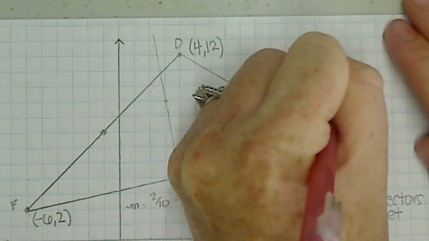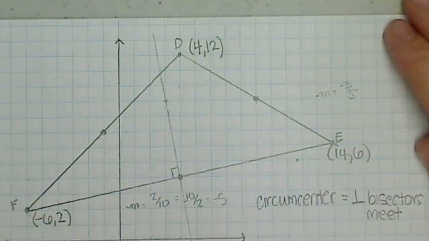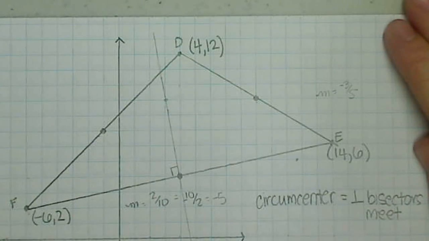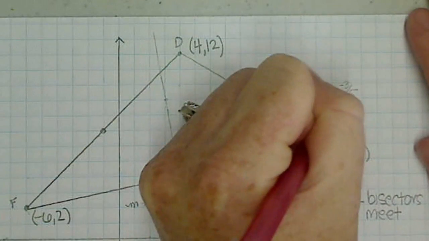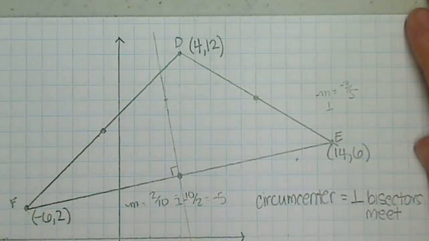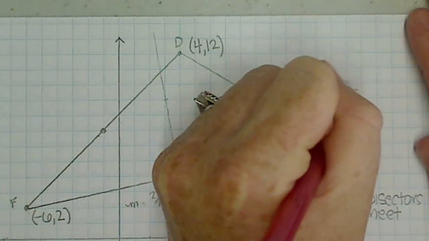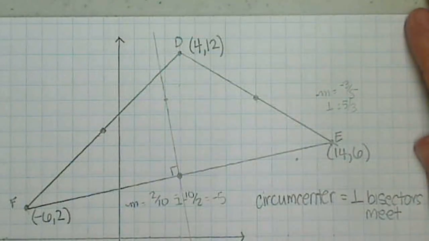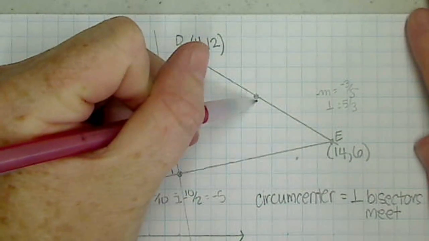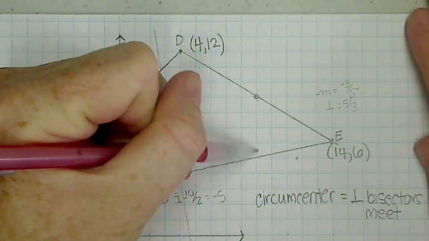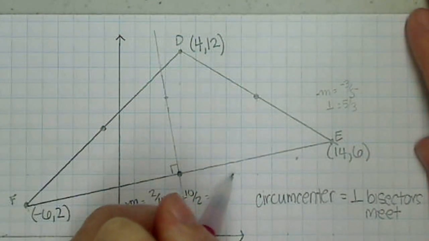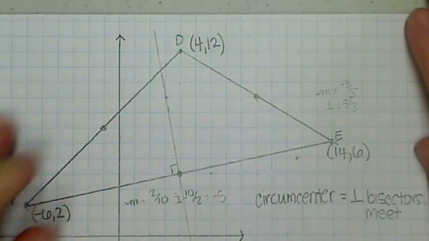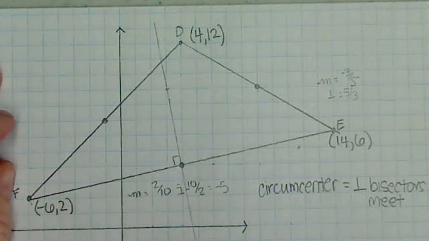So if the slope is negative 3/5, what would be the perpendicular slope? Yeah, opposite reciprocal, 5/3. So I'm going to go negative 5, 1, 2, 3, 4, 5, and then I'm going to go negative 3, 1, 2, 3, because negative over negative is positive.